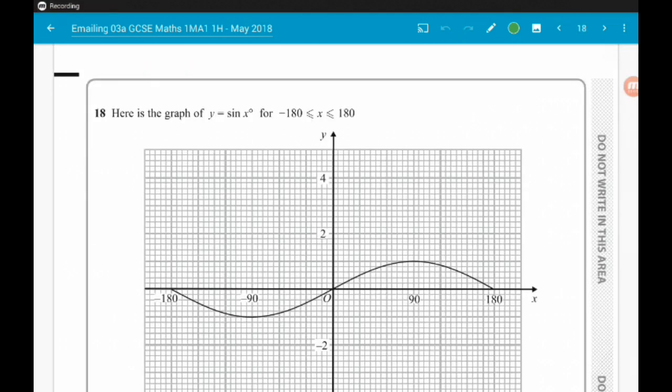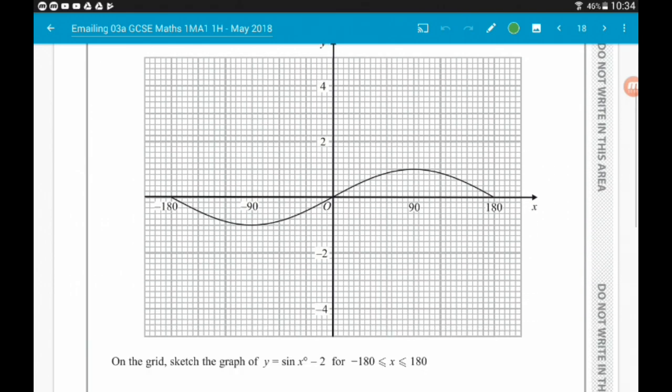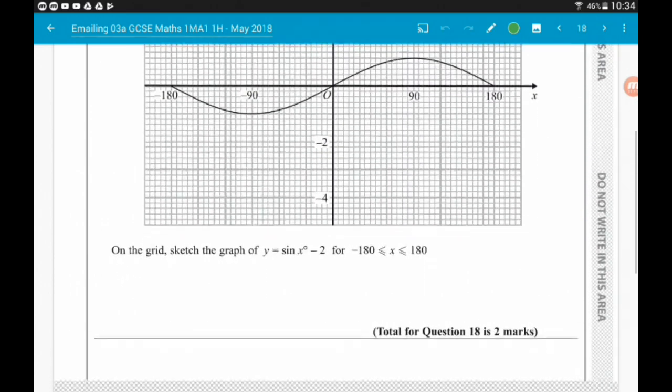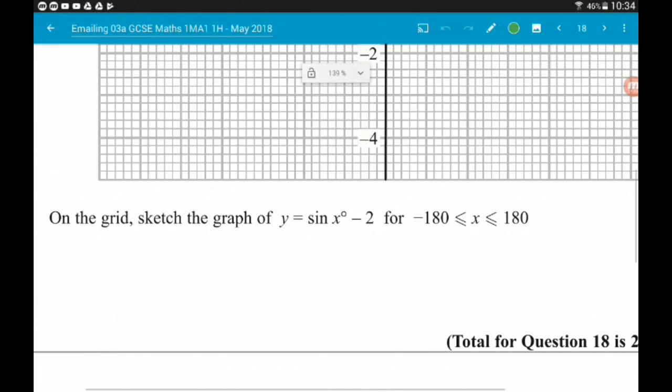Number 18, we have a sketch of y equals sine of x for x between minus 180 and positive 180. So there's our sketch. We are asked on the grid to sketch the graph of y equals sine x minus 2 for x between minus 180 and positive 180.